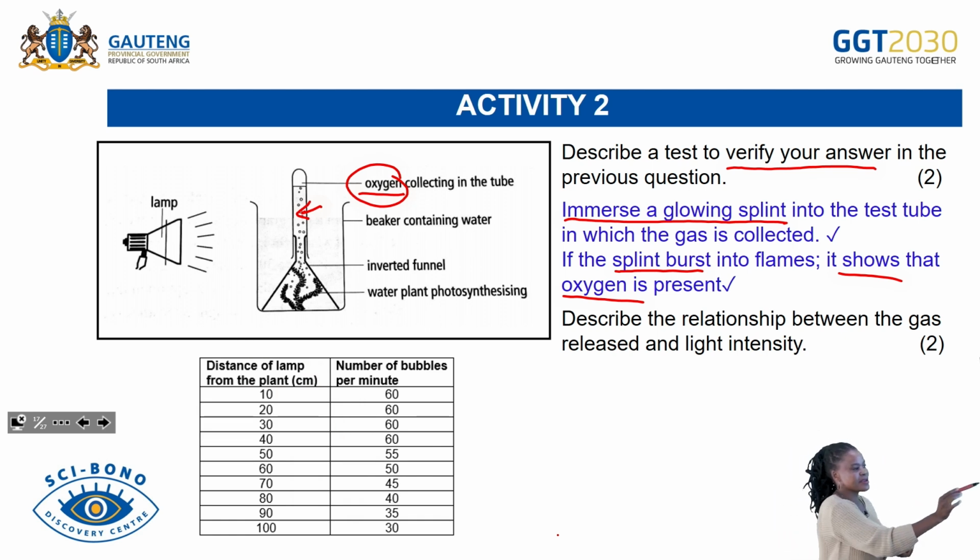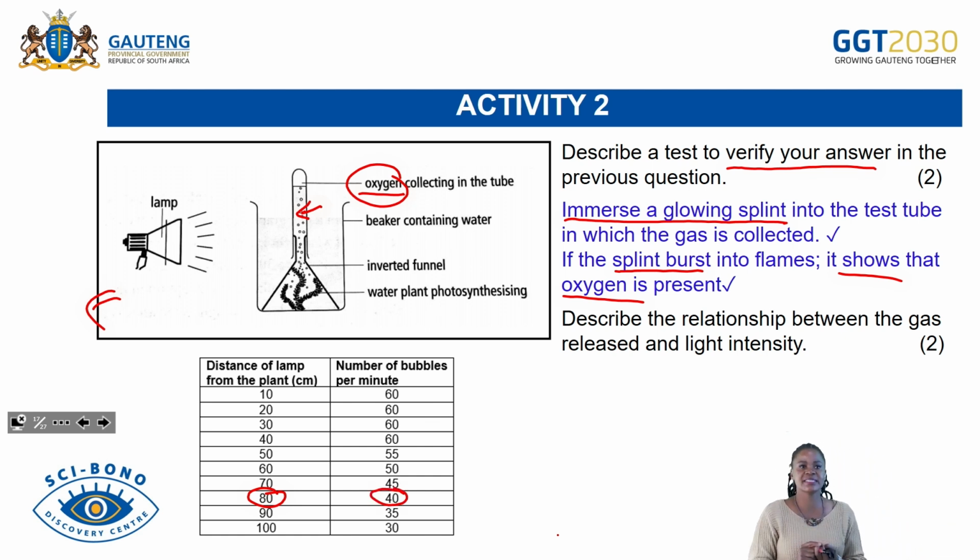What is happening when the lamp is closer, and what is happening with the number of bubbles? What is happening when the lamp is far away, maybe 80 centimeters away from the plant? What is happening with the number of bubbles? That is the relationship I want you to explain, looking into both variables.